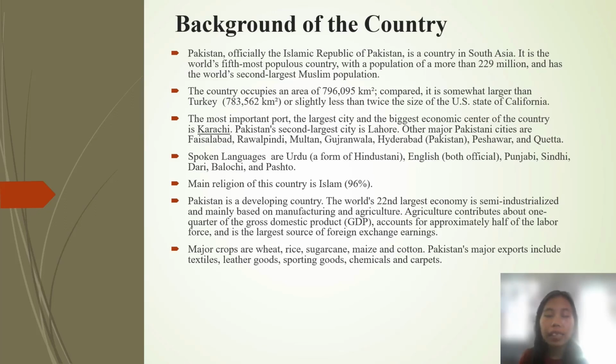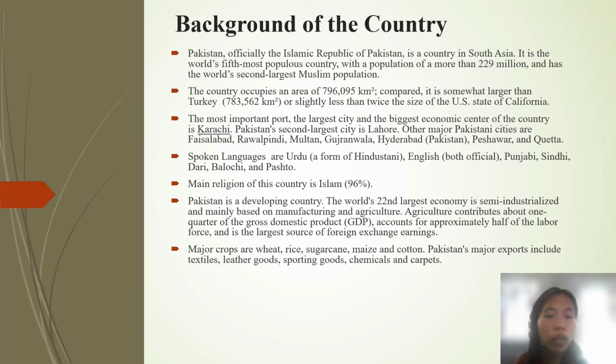So now let us know the background of Pakistan. Pakistan, officially the Islamic Republic of Pakistan, is a country in South Asia. It is the world's fifth most populous country with a population of more than 229 million as of this year and has the world's second largest Muslim population.